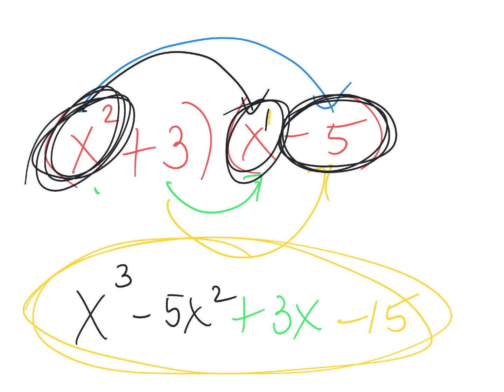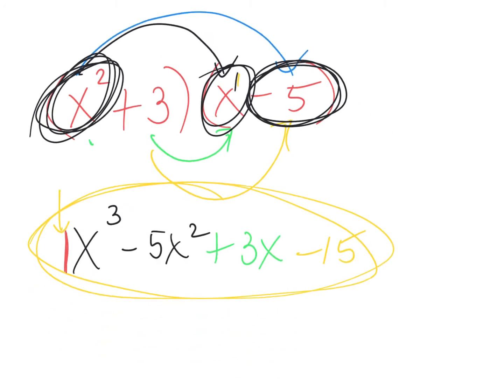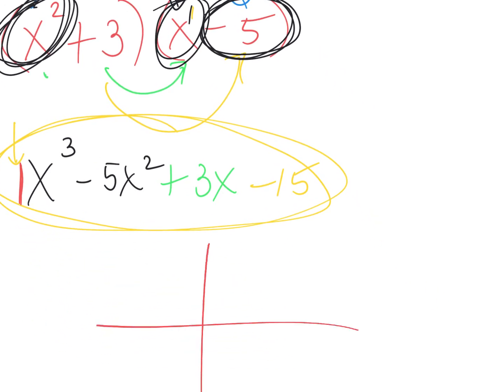Dylan, there's no number in the front. So what number is really in the front? Right here. You are correct. That one has a special name, Dylan. Do you know it? Leading coefficient. Very good. Since that leading coefficient is positive, Dale and Thomas, what does it mean that the leading coefficient is positive? Positive goes up.